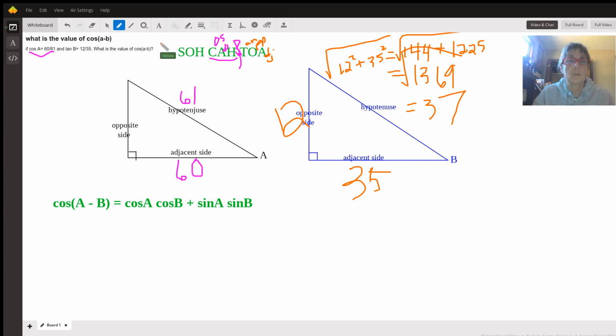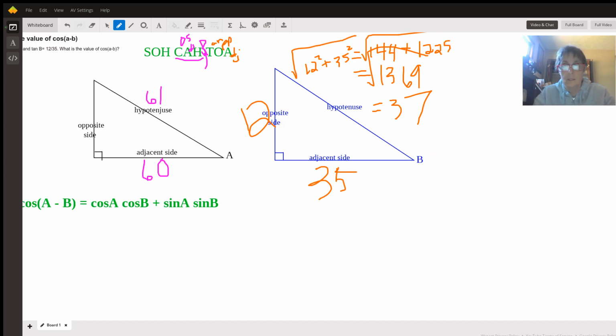So now we know that because we know the hypotenuse here, and likewise, we need to find the opposite side here.